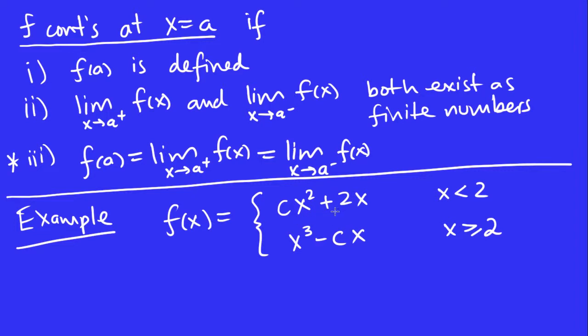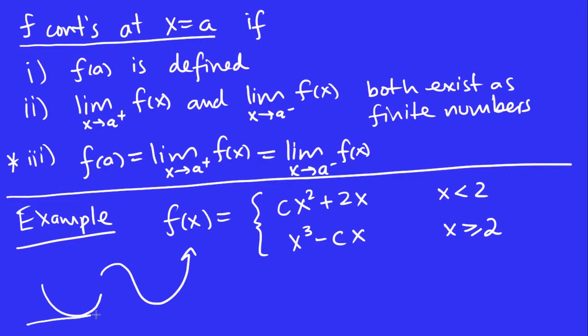Now, the first thing I want you to know is that notice this top function is a polynomial, and this bottom one is a polynomial. And we know polynomials are continuous everywhere. So it's kind of like we have this square polynomial quadratic, and then we have this cubic. Something like that, maybe.